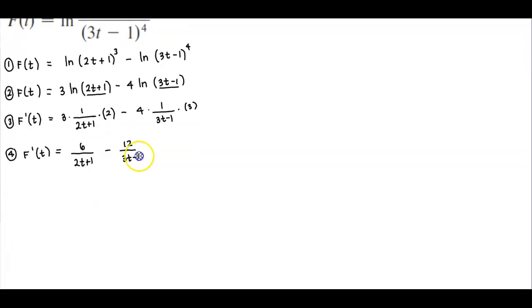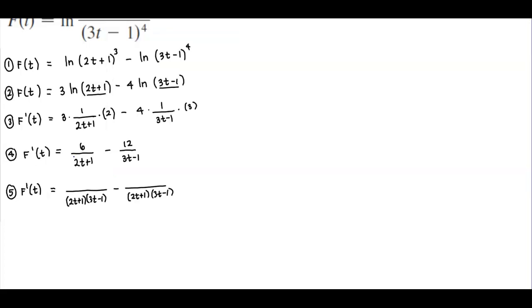And so now if we want to find a common denominator, we can state that the common denominator is going to be 2t plus 1 times 3t minus 1.